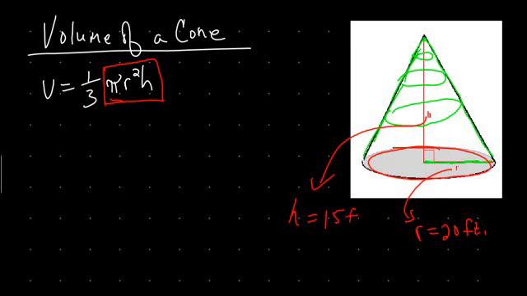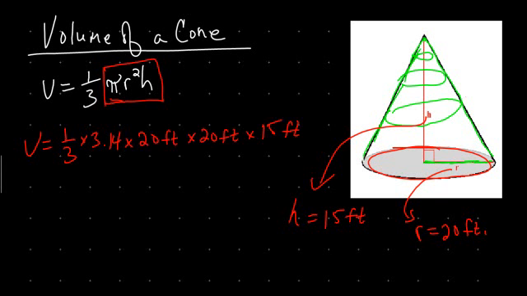That sounds cool. So our volume would be: volume equals 1/3 pi, and we're going to approximate pi to 3.14, times r squared. That's going to be my radius times the radius. So my radius is 20 feet, so it's going to be 20 feet times 20 feet, and then times my height, which is 15 feet.